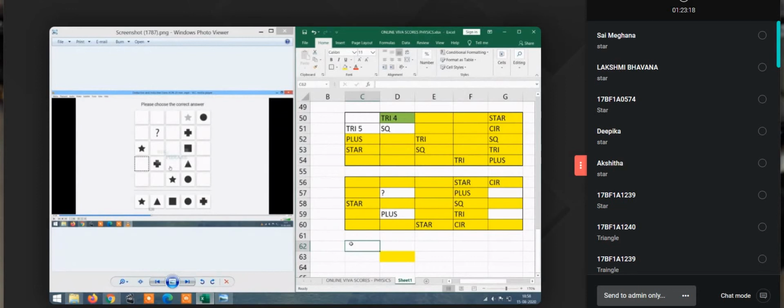Even in the previous question, remember triangle, you had these 4 spots: 1, 2, 3, 4, and one of those spots was square. So you could easily find where the triangle would fit. If the square was not there, and this was empty, then you have trouble, because triangle 4 can come here and triangle 5 can come here, or triangle 4 can come here and triangle 5 can come here.